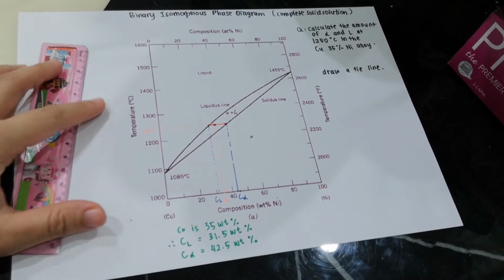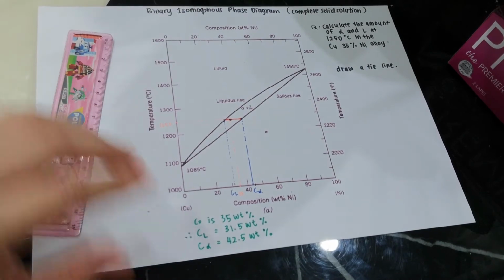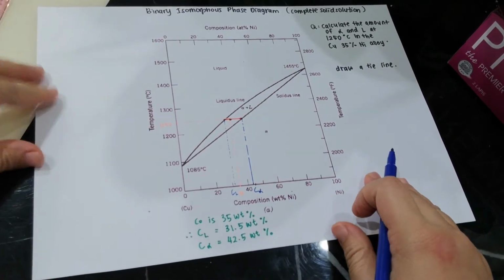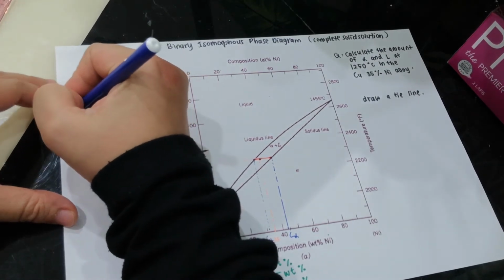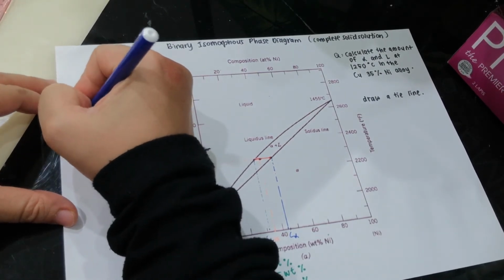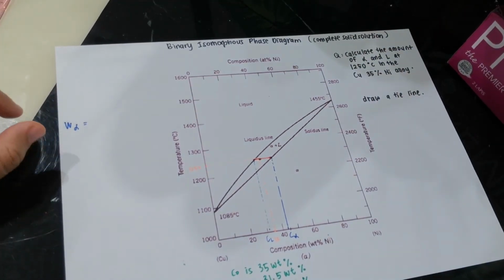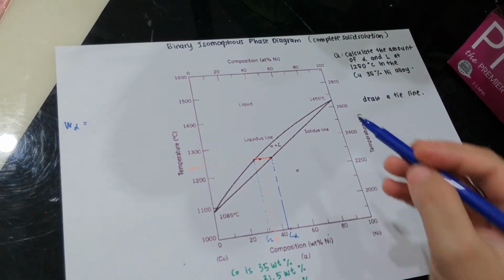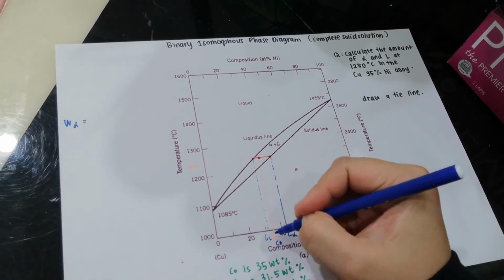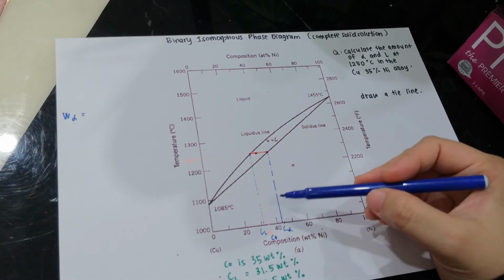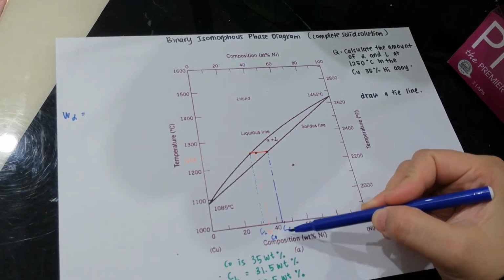So W alpha is, okay, let's take a look at this one. This one is our CL, this one is our C naught, and this one is our C alpha.